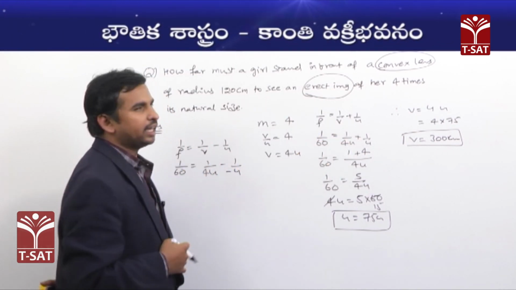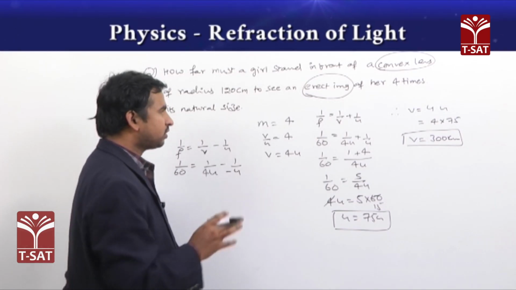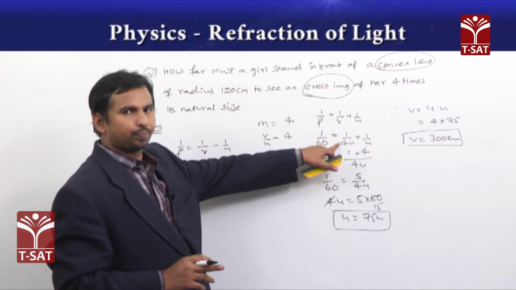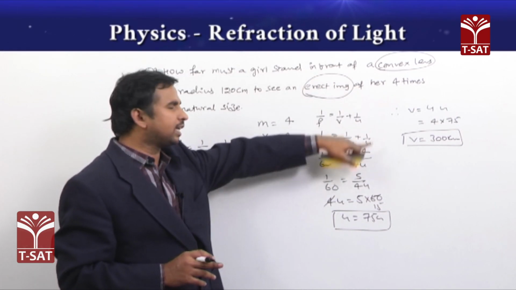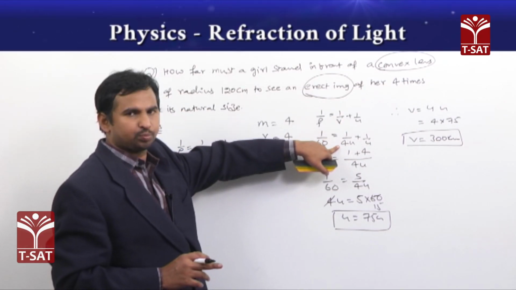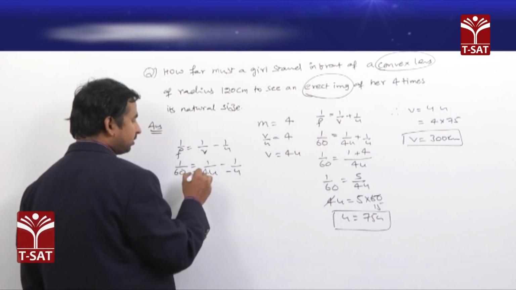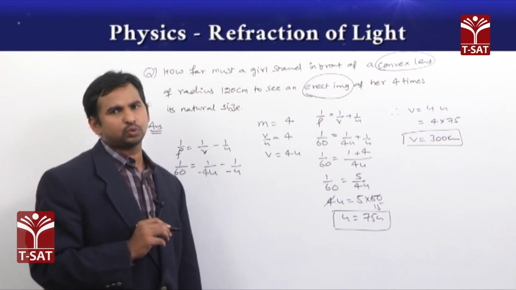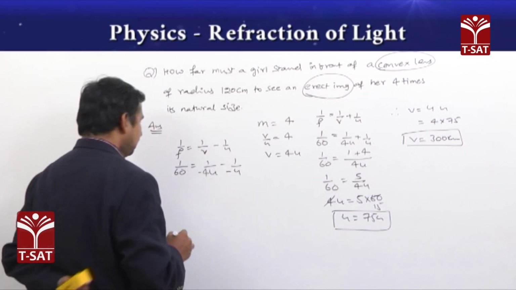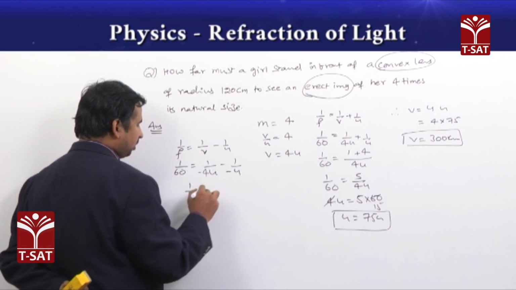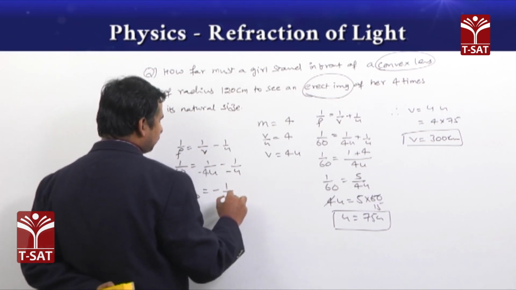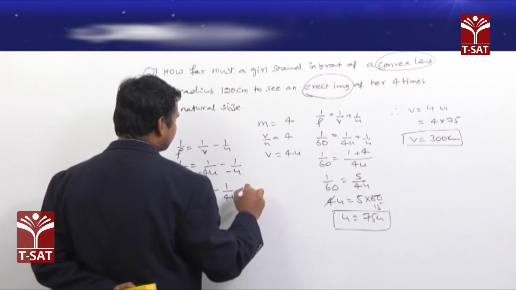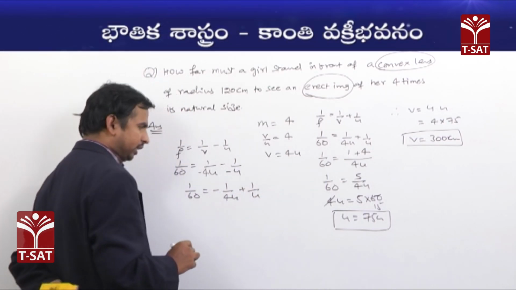But as it is an erect image, the image distance is no more positive. If we consider a real image, we get it as positive, but in this case it is taken as negative, that is minus 4u. Then 1 by 60 is equal to minus 1 by 4u, and minus of minus, plus 1 by u.